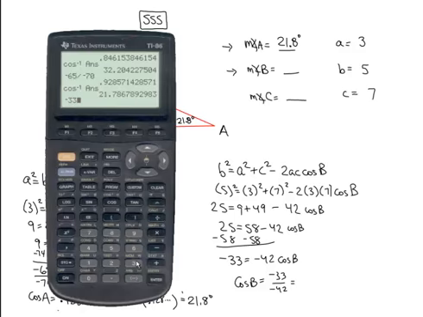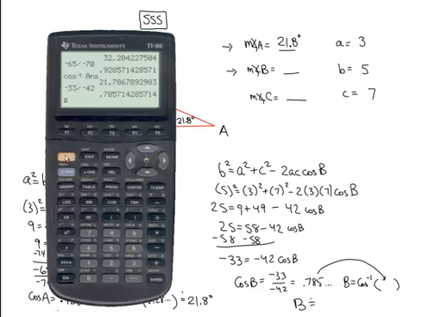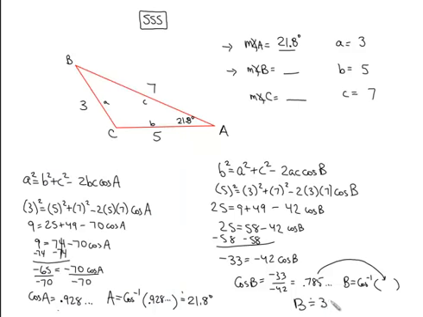Negative 33 divided by negative 42 is 0.785 dot dot dot. And so B is equal to inverse cosine of that number. And when we punch that into our calculator, inverse cosine of the previous answer, we get 38.2 degrees.